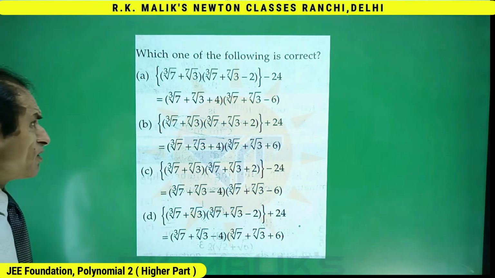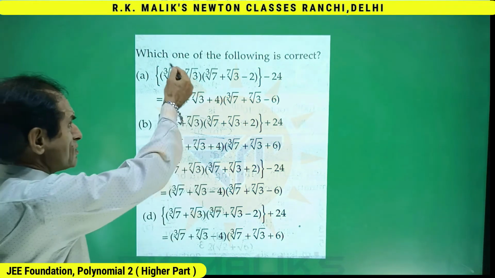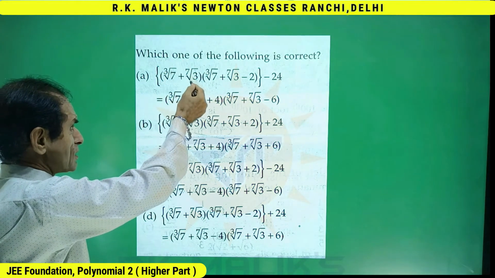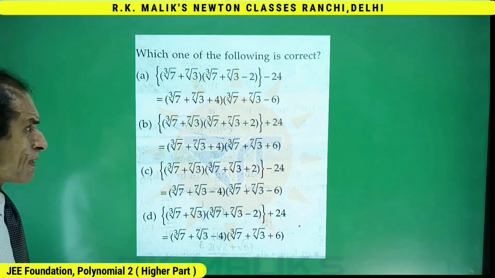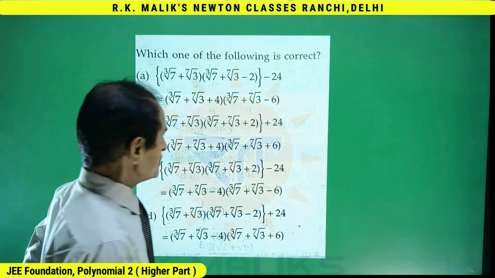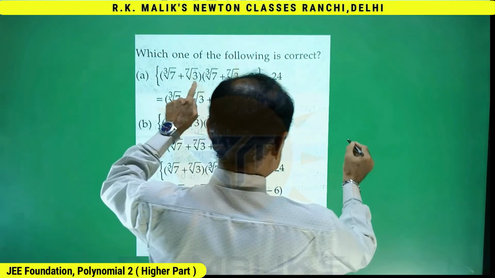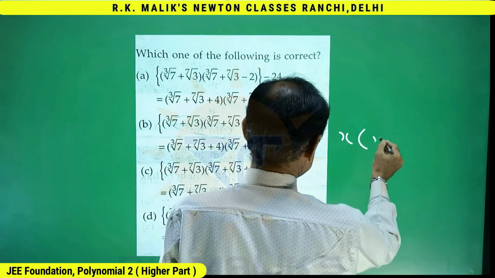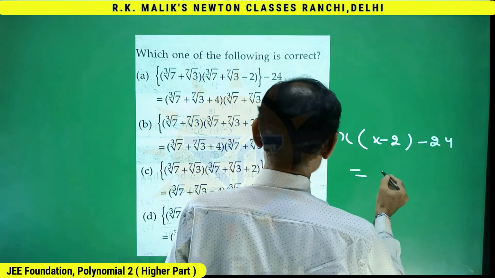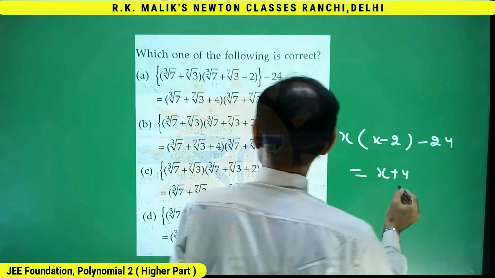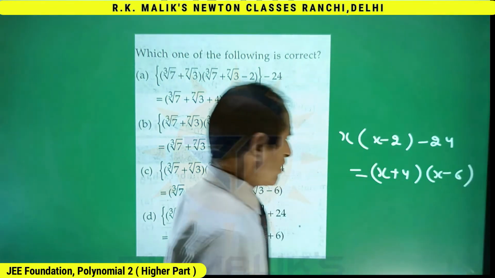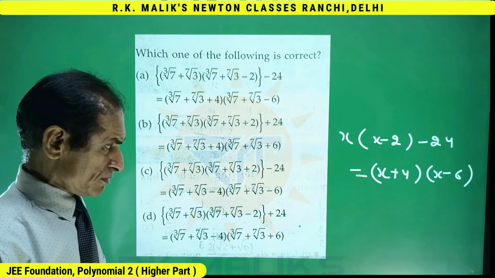Let us start with the first choice. If you suppose this thing, 7 to the power 1 by 3 plus 3 to the power 1 by 7, as x, then to check the first choice we have to check that x into x minus 2 minus 24 is equal to x plus 4 into x minus 6 is correct or not.